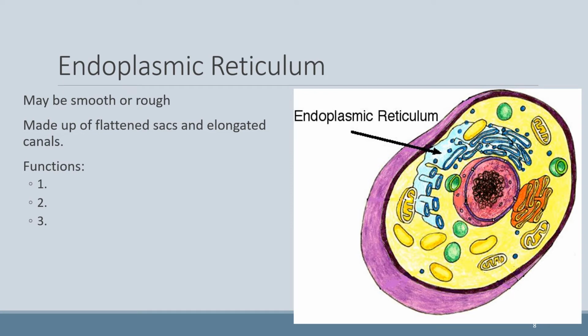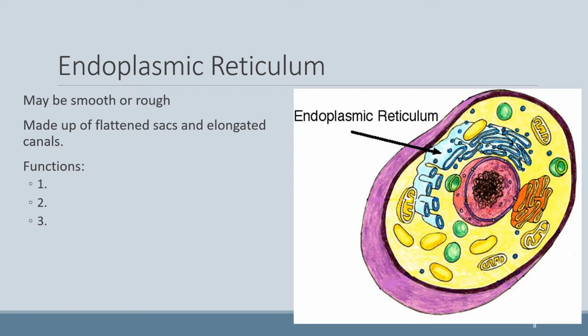Okay. The endoplasmic reticulum is another organelle that's pretty important for us within the cell itself. The endoplasmic reticulum can be classified as smooth or rough in nature. Smooth endoplasmic reticulum contains no ribosomes on the surface, and rough endoplasmic reticulum does contain ribosomes.